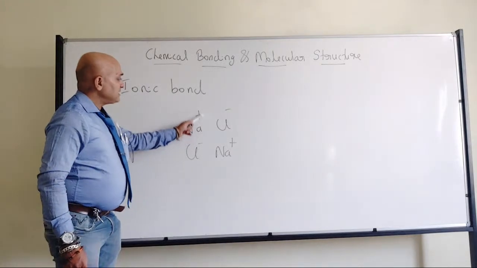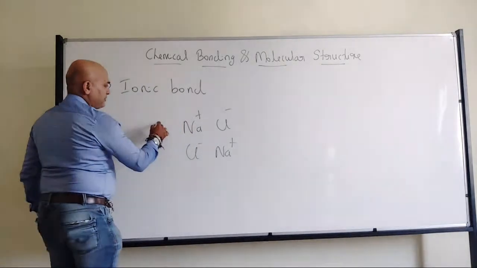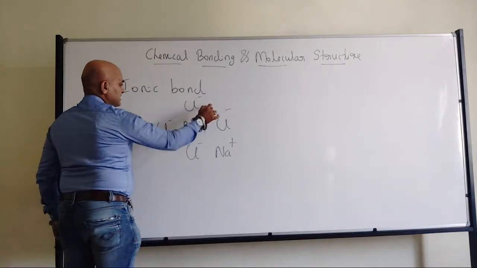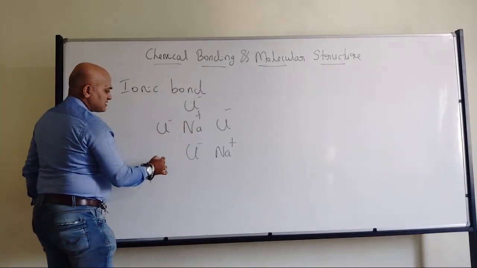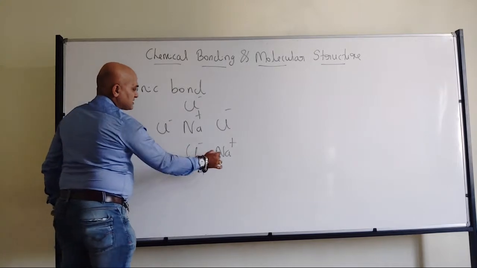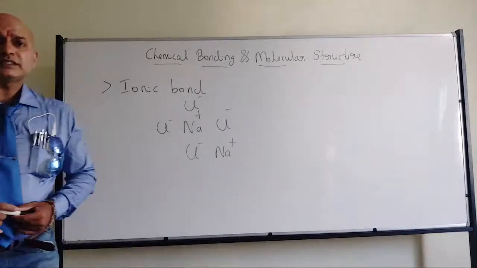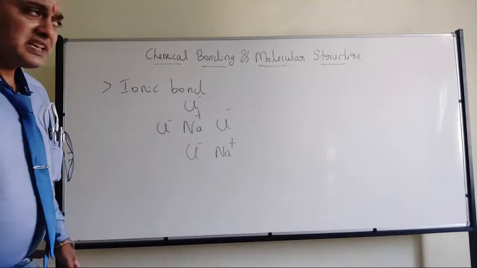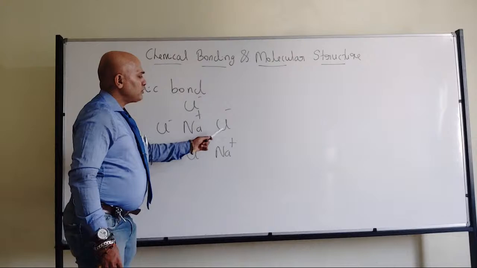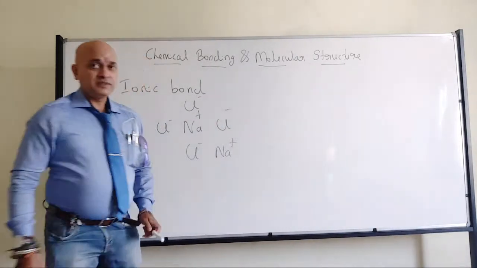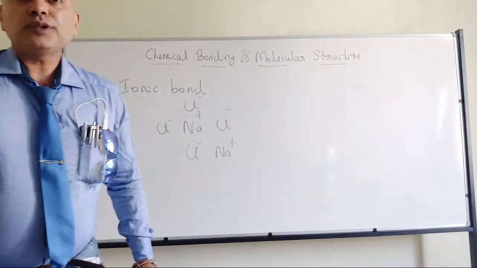For example, this Na plus will have interaction with chloride of this layer, chloride of this layer, and so on. So one Na plus has multiple interactions. The same logic is applicable for chloride also. Many sodium ions will be surrounding the chloride.